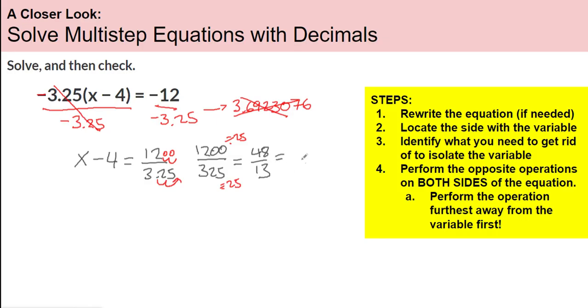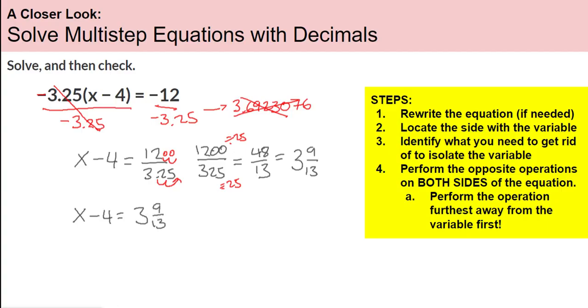Or you could leave it, but I'm going to change it right now. So 13 goes into 48 3 times, because that would be 39, and that means I would be left with 9/13. So let me rewrite this. I have x minus 4 equals 3 and 9 over 13.